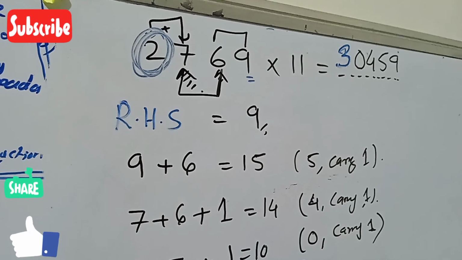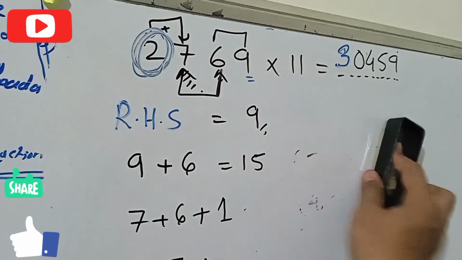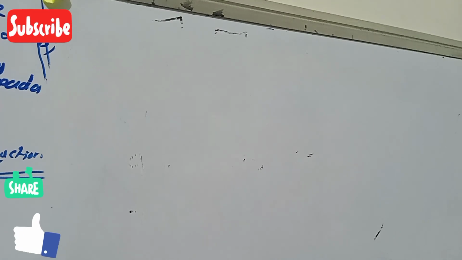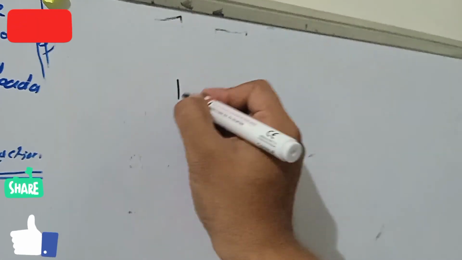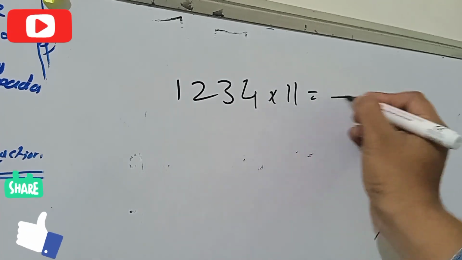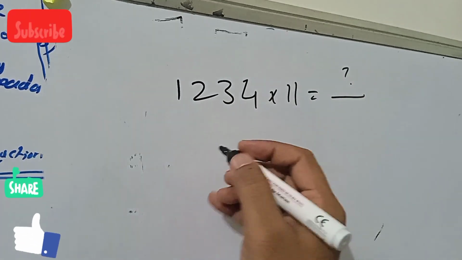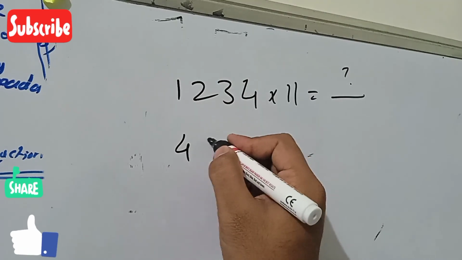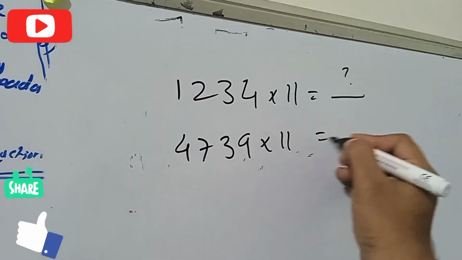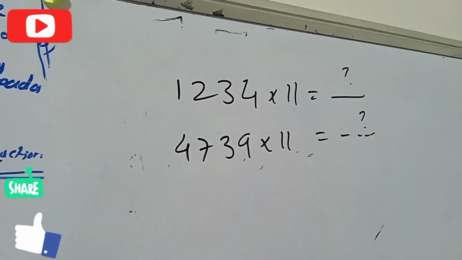This is the method for simplifying the multiplication of large numbers by 11 and the like. If you want to practice it, take 1234 multiplied by 11, find out the number, then 4739 multiplied by 11, you have to calculate it.